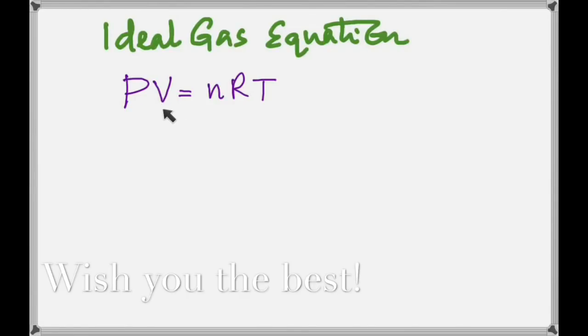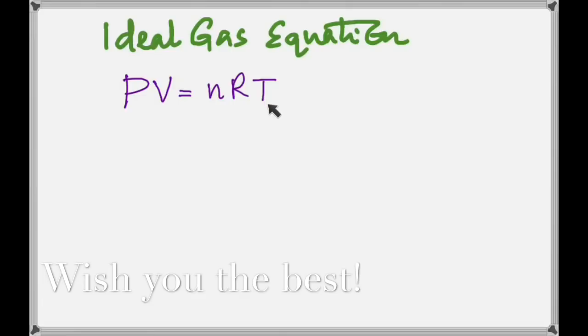Volume in cubic meters. Number of moles, no units because it's a number. Gas constant, which will be given to you, 8.314 joule per mole Kelvin. T, temperature in Kelvin.